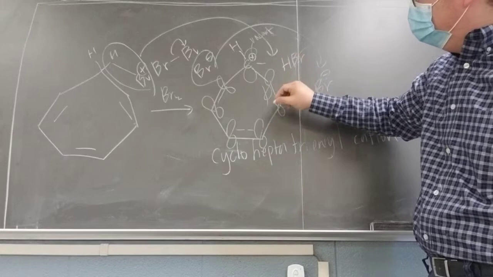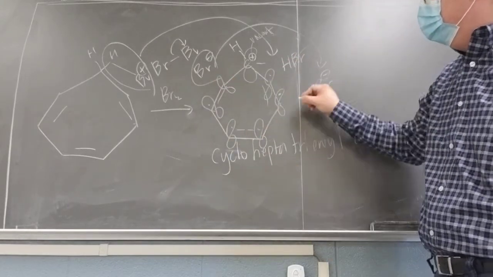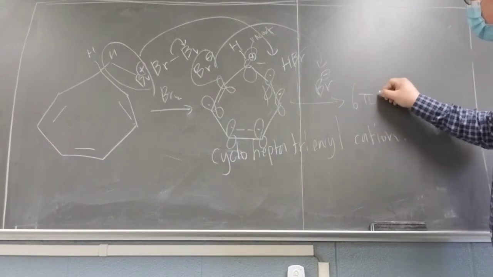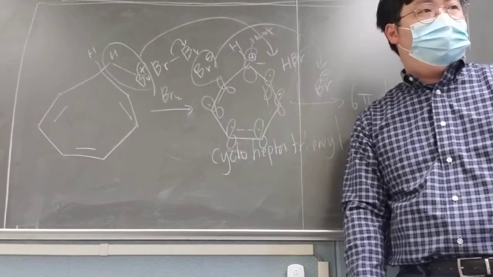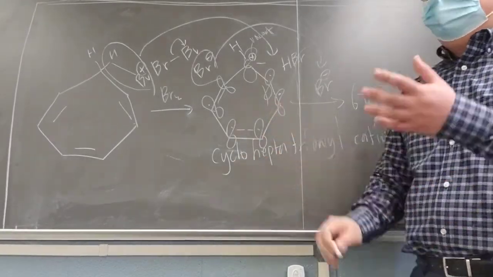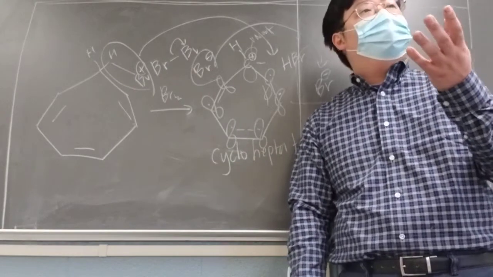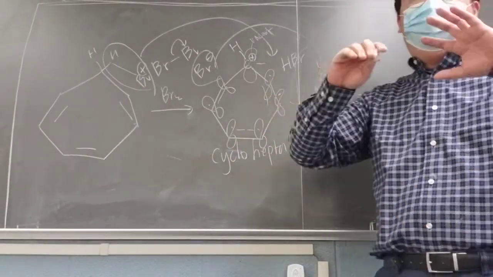So it'll be 1, 2, 3, 4, 5, 6. So it still has 6 pi electrons. So this is also aromatic. This is an aromatic ion. Meaning the cyclopentadiene anion and the cycloheptatriene cation are both aromatic.